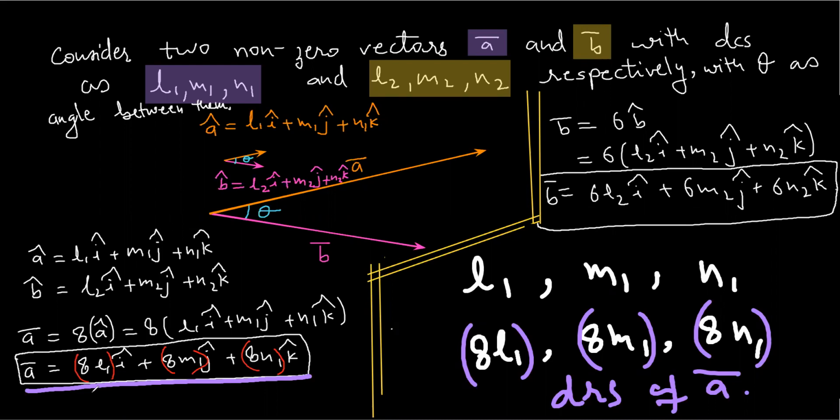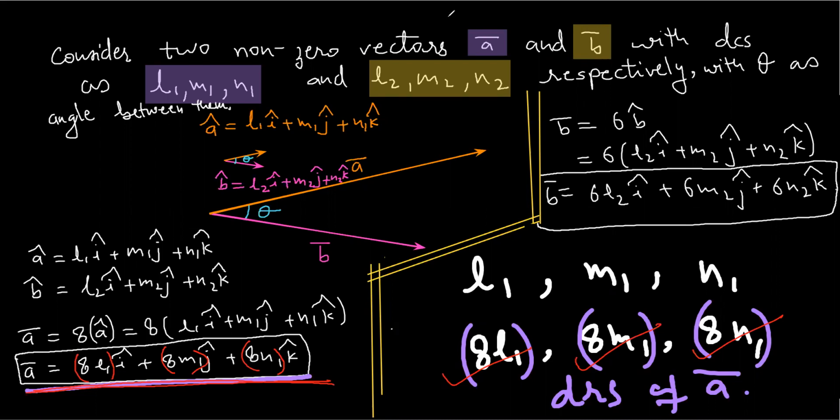Like here, 8L1, 8M1, 8N1 are the DRS of A bar, so you could write A bar using them. Remember, if you know the DRS of a vector, you can write that vector. And if you know the DCS of a vector, you can write a unit vector parallel to that vector. So these two are very important concepts.